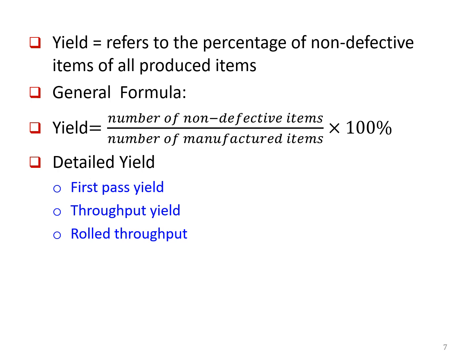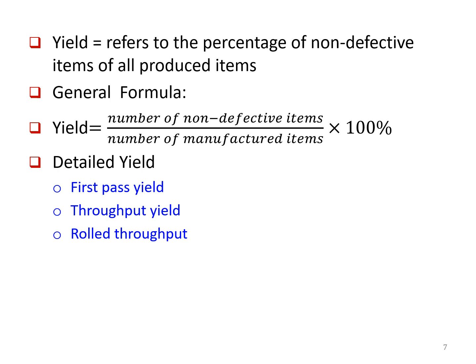By definition, yield is referred to as the percentage of non-defective items of all produced items. So it shows you how effectively or how correctly your operation is functioning. The general formula is that yield equals the number of non-defective items over the number of all manufactured items times 100%.